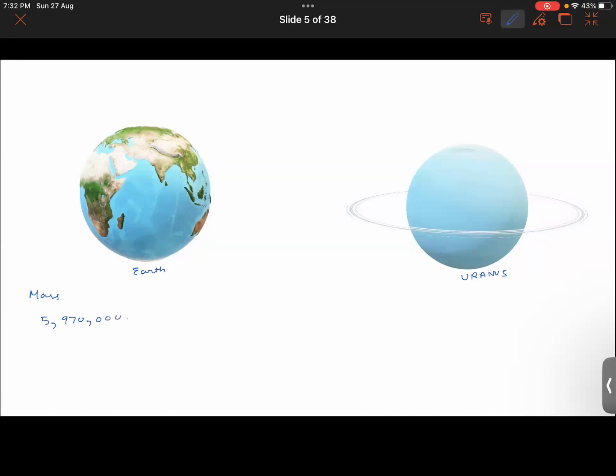So the mass of Earth is 5970. Just look at the number of zeros. How many zeros are here? 21. Now look at the mass of Uranus.